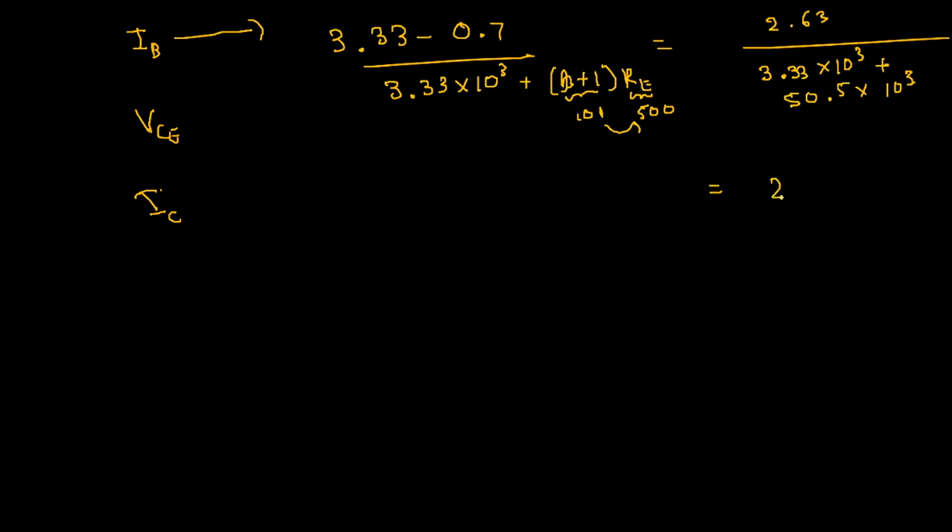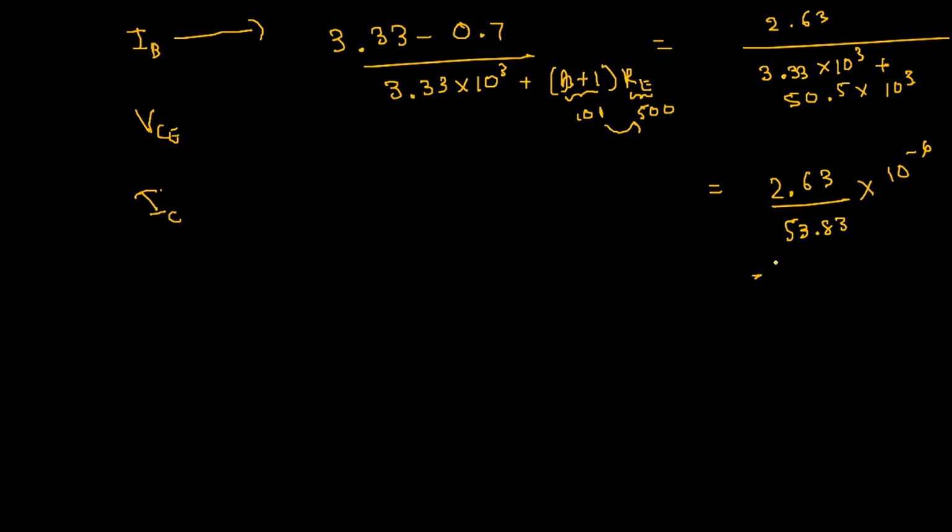Upon simplifying this, we get 2.63 divided by 3.33 plus 50.5, which is 53.83 into 10 to the power minus 6.